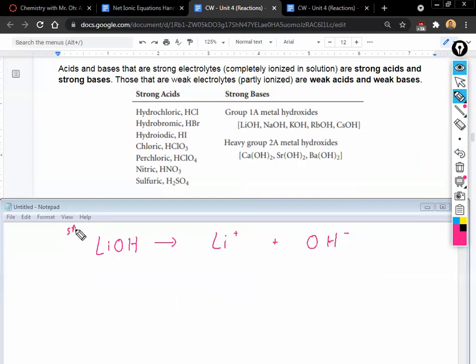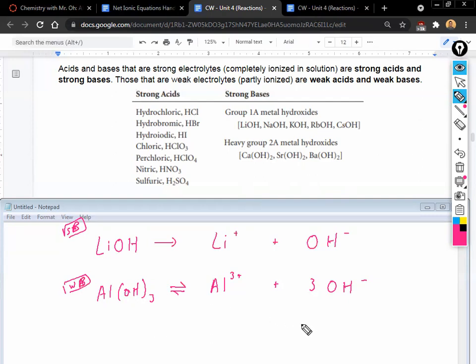But if you have a weak base, for example, aluminum hydroxide, it's only gonna turn partially into Al3 plus and partially into OH minus. Okay, remember the back and forth arrow. So strong bases, sorry, will turn completely into its ions. Weak bases do not turn into all their ions completely.